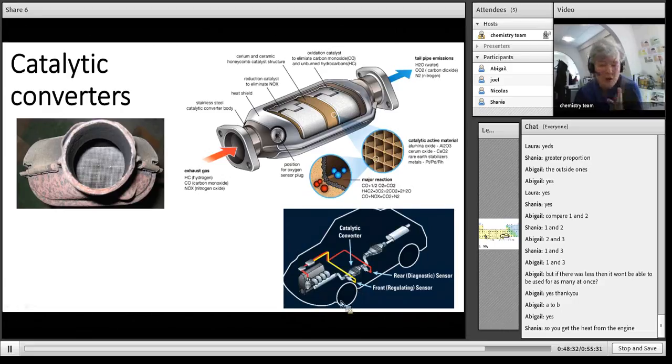So the catalytic converter doesn't work if the temperature is too low. It's got to heat up to about 800 degrees before it'll start working. And then the hotter it is, the faster the rate, and so the better you're going to get your conversion of carbon monoxide to carbon dioxide, your unburnt hydrocarbons to carbon dioxide, and so on, and your nitrogen oxides that are caused in the engine to be reduced down to nitrogen.